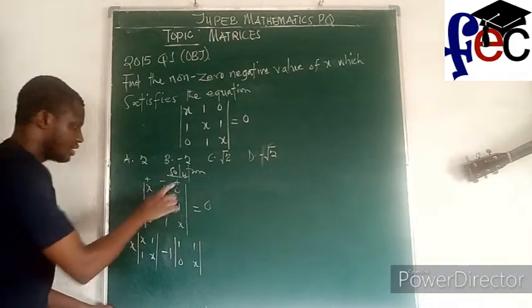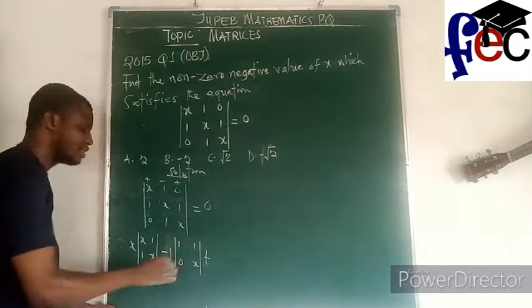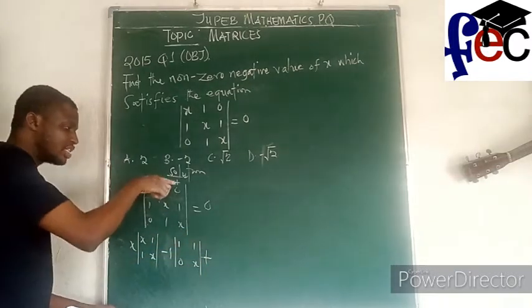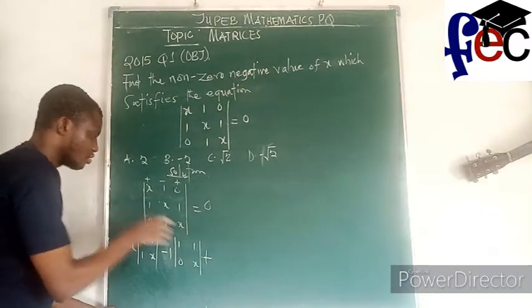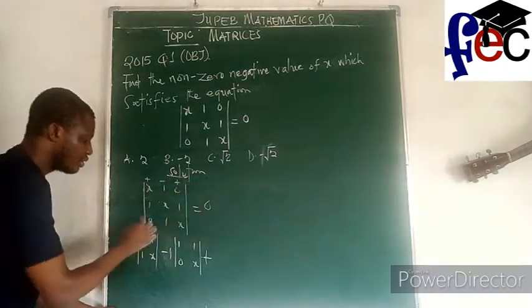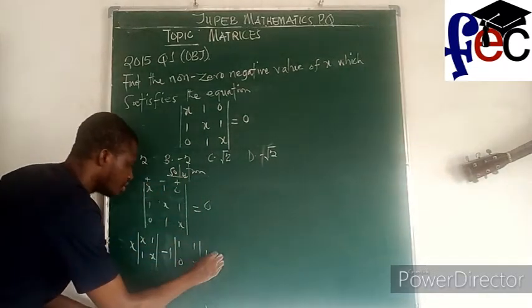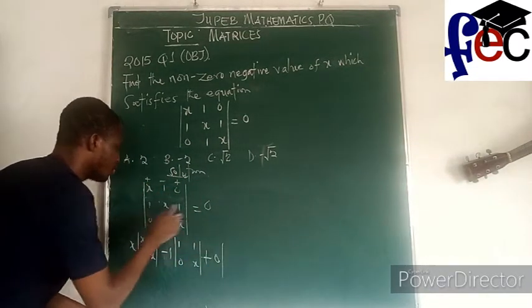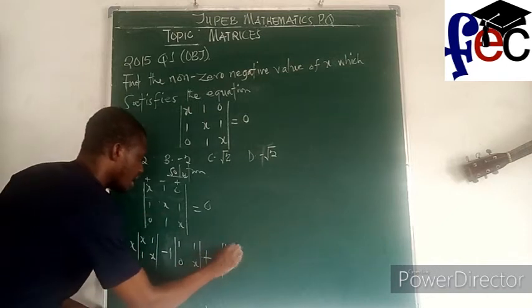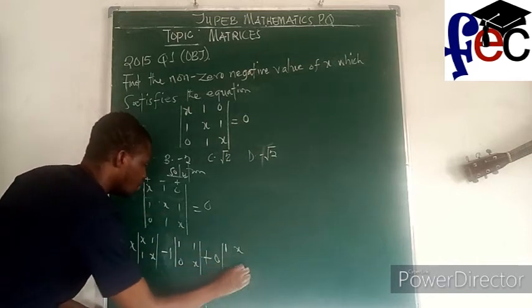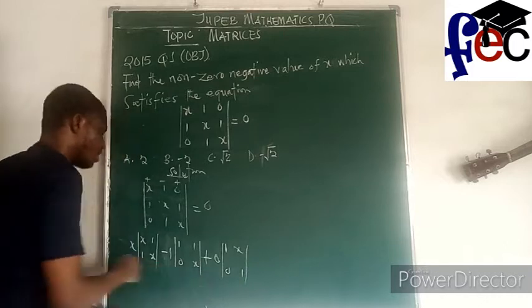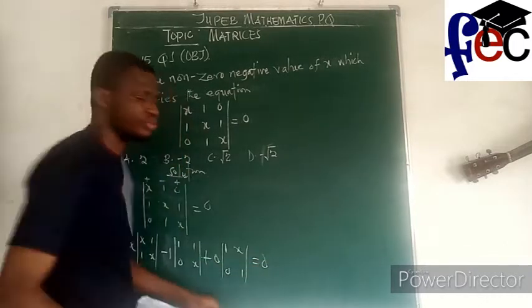Then you have plus. That will be addition with this plus, it will still be addition. When you close up the row and the column, you see 0, 1, x, 0, 1. Then all this will be equal to 0.